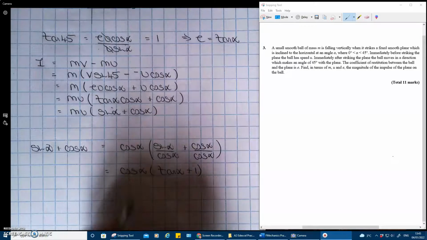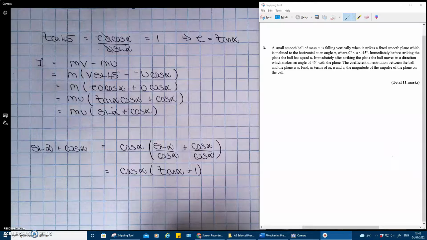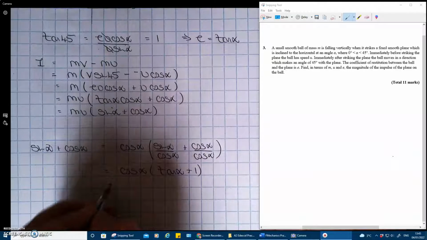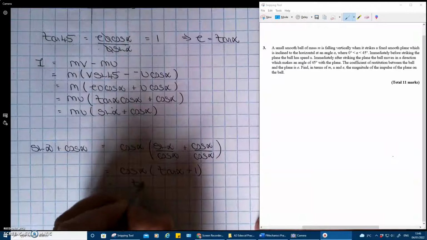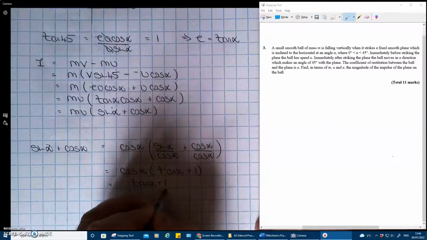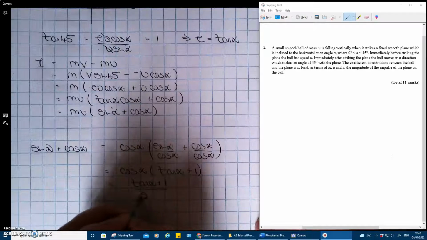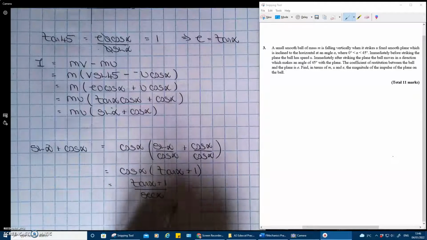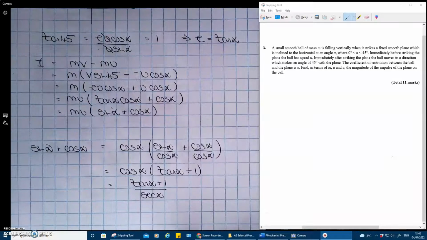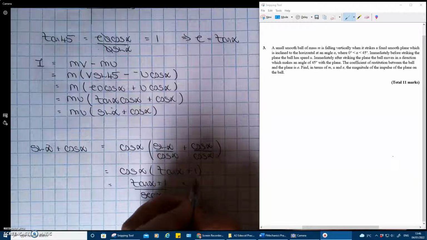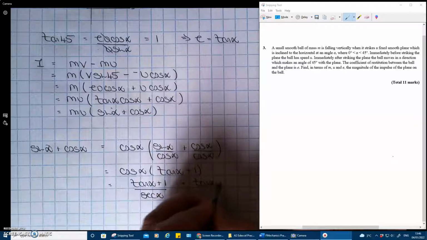Now I've got to get the cos alpha in terms of E's. So this is the same as tan alpha plus 1 over sec alpha. Sec alpha is 1 over cos alpha, which is the same as cos alpha at the top, which you can see why this is quite a difficult part.